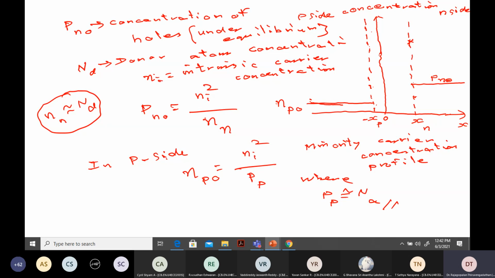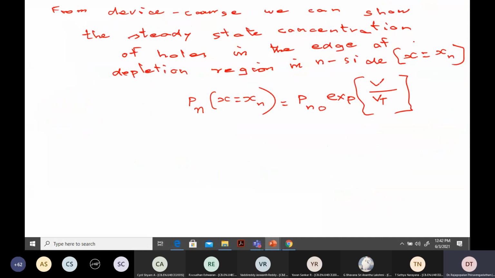At this point, what is the concentration at this region, at the edge? The concentration of holes establishes a steady state. As soon as forward bias is applied, that steady state concentration depends on the forward bias voltage.